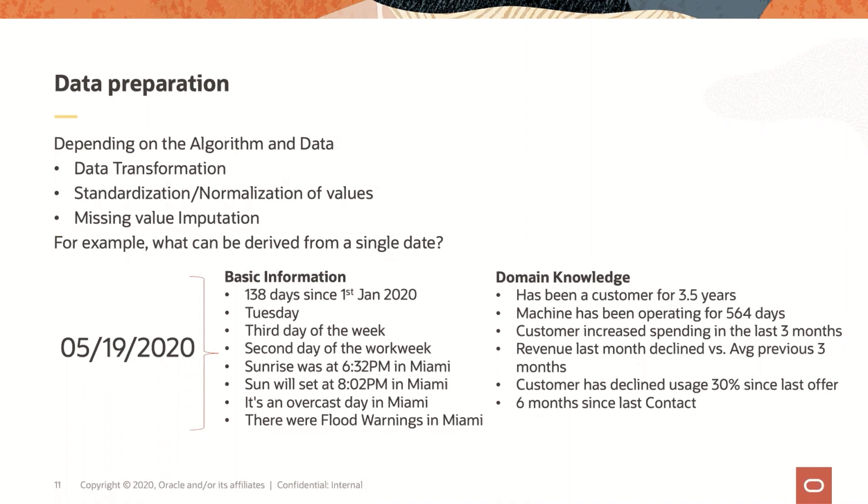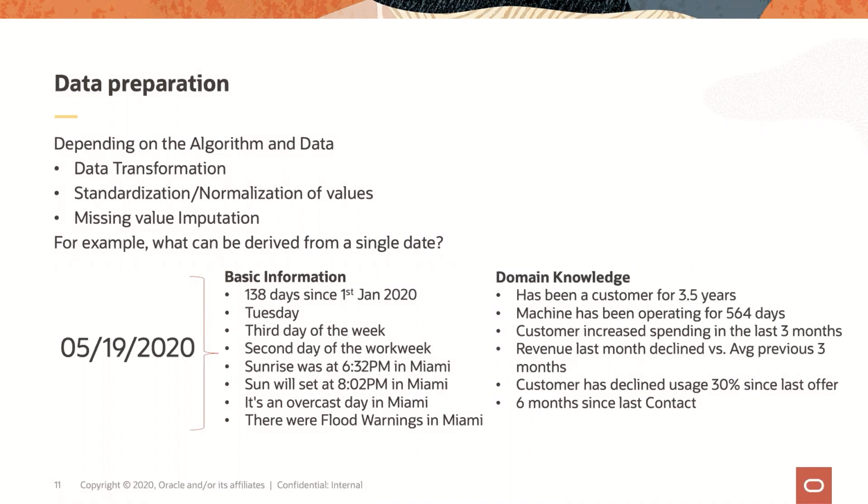Then I can take the average of the previous 3 months, because I now know what the previous 3 months are. Or how much the revenue last month has declined compared to the average of the 3 months before that. So now I am able to look at the months and days, compare them, and understand the decline or increase in spending from a customer.